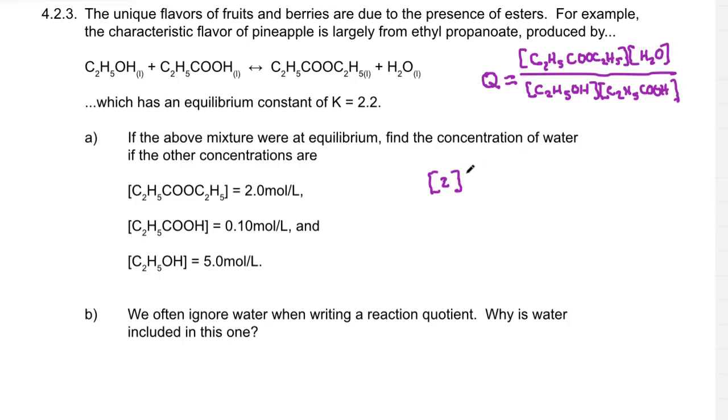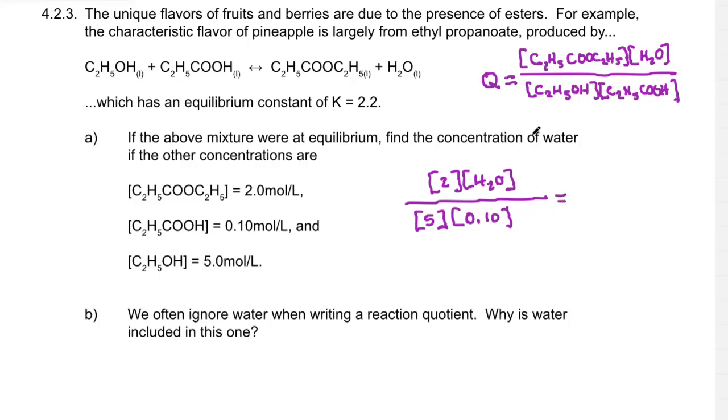The water concentration, don't know. You can write X here, or you can write concentration of H2O, whatever. Ethanol has concentration of 5. Propanoic acid has concentration of 0.10.